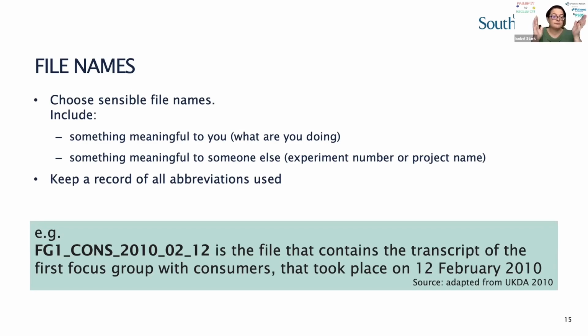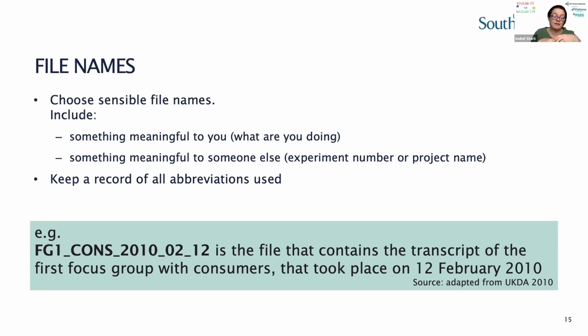So this is an example from the UK Data Archive. That's the big national repository for social science data. It still is relevant whatever topic you're doing. In this case, somebody's used FG as an abbreviation for focus group, cons for consumers, and they have the date as a 4-digit year, 2-digit month, 2-digit day.